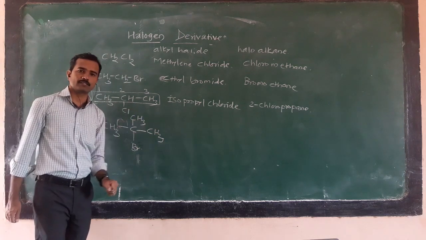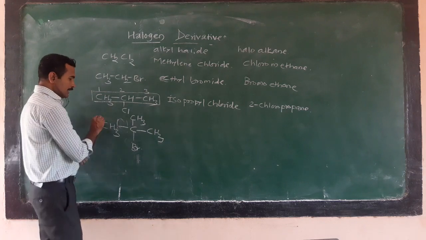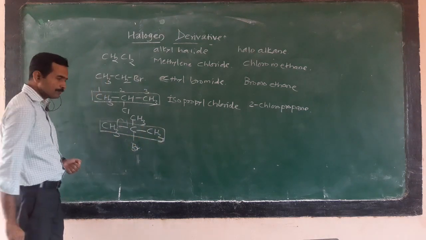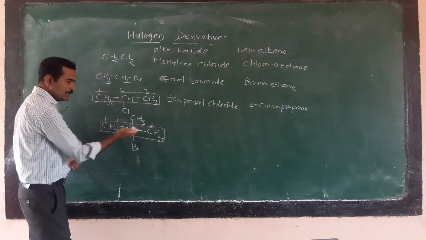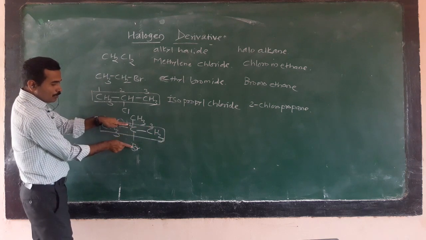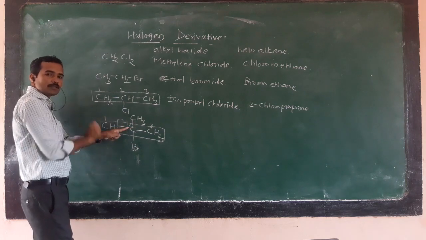But in the IUPAC system, what happened? Then once again the rules come. Select the longest chain, consisting of the maximum number of carbon atoms. Numbering is done 1, 2, and 3. From here also 1, 2, and 3. Now, at the second carbon there is a bromine, and at the second carbon there is also a methyl group.